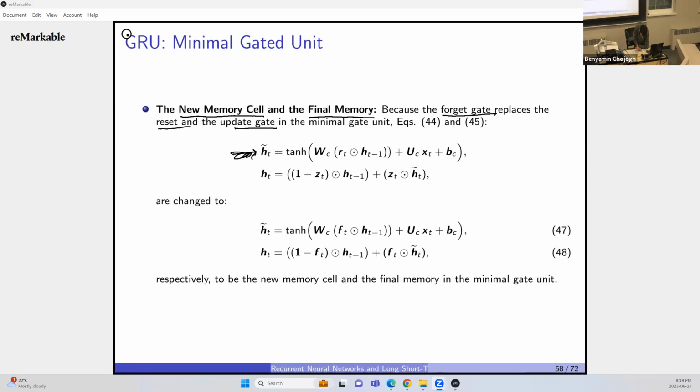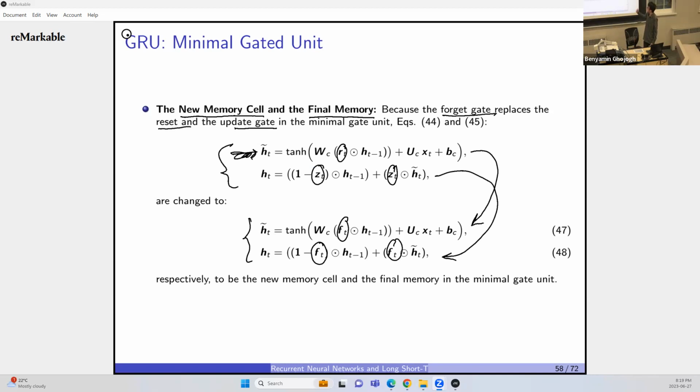Sorry, these were in the full gated unit in GRU. These are in the minimal unit. As you see, this has been changed to this. So we had rt, now we have ft here. Also, this has changed to this. We had zt, we have ft now here. So the equations have changed.